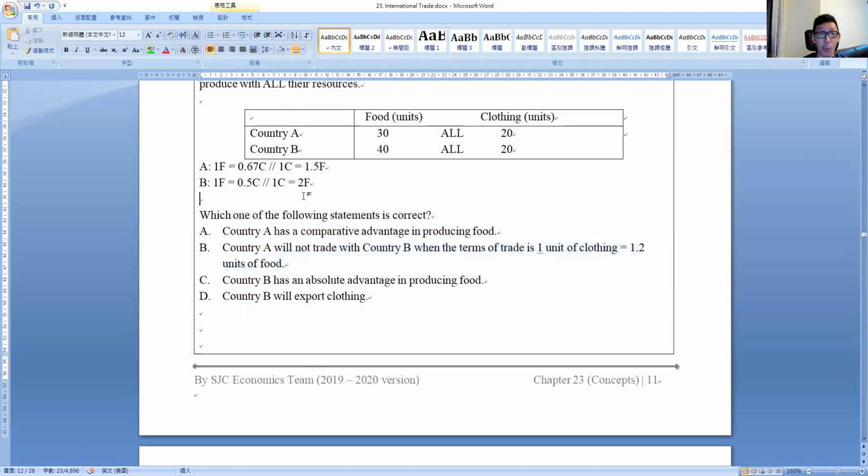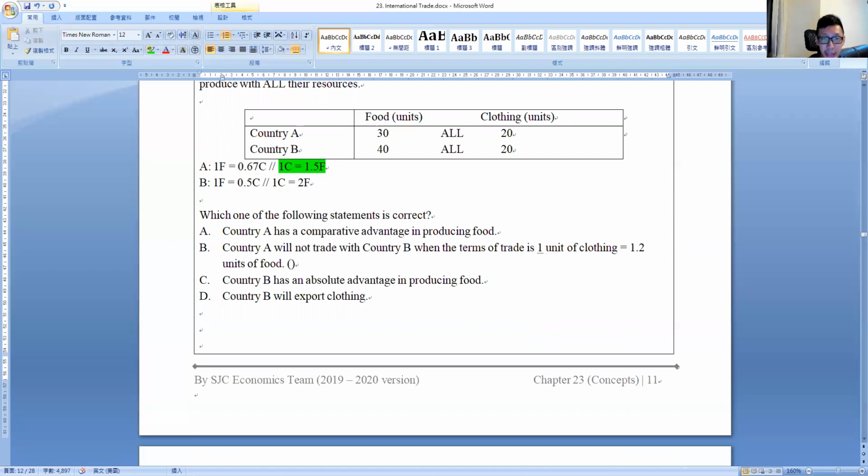Now this time you know why, right? We will not trade with country B when the terms of trade is 1.2 units of food, right? Immediately, you see, it is not within the range. Besides, remember, country A would export clothing, right? Now think about it. What happens when they export clothing?